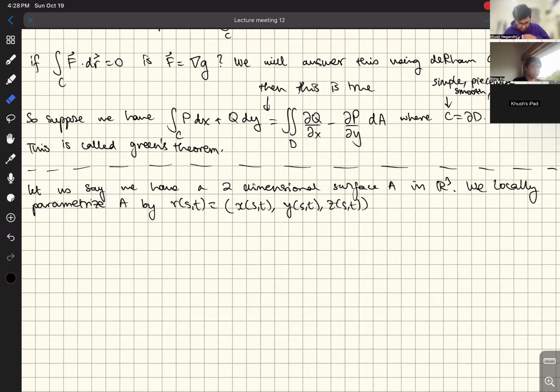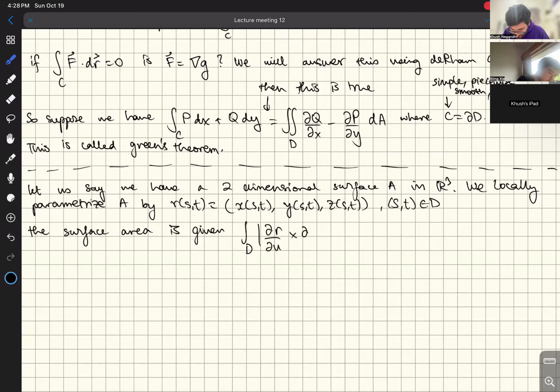Then the surface area is given by, so here s and t come from some domain D, and then the surface area is given by this weird looking object.